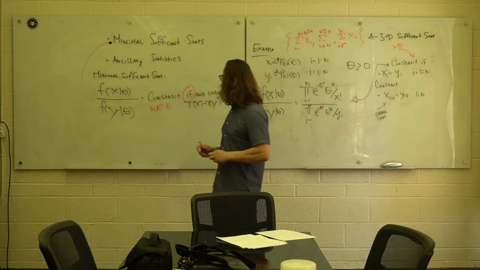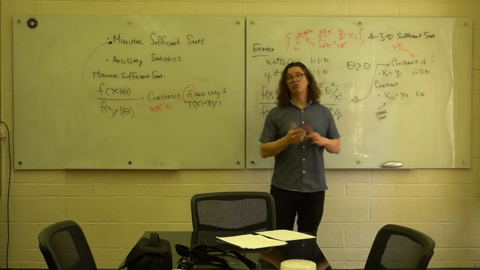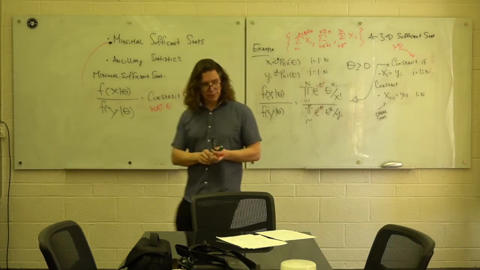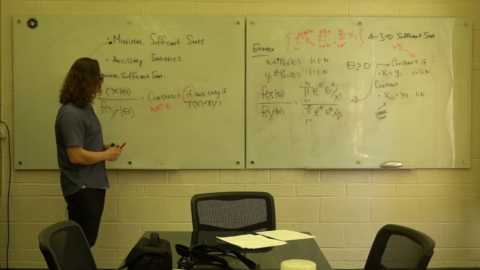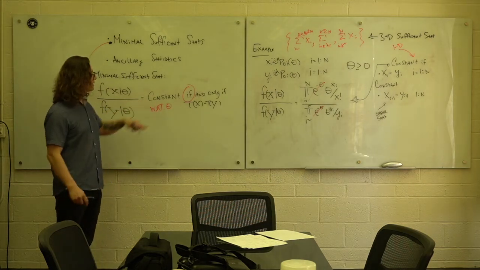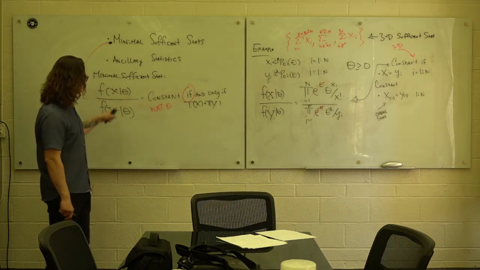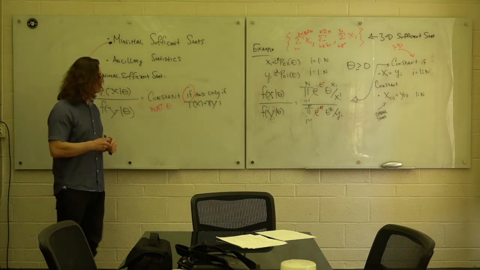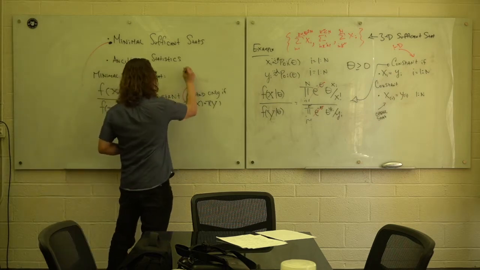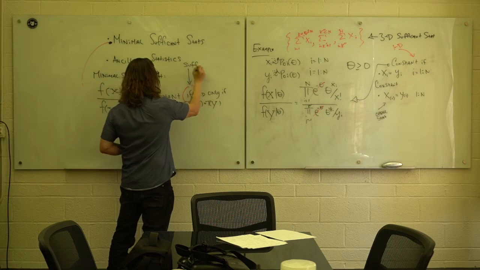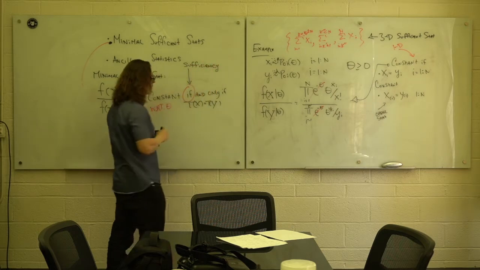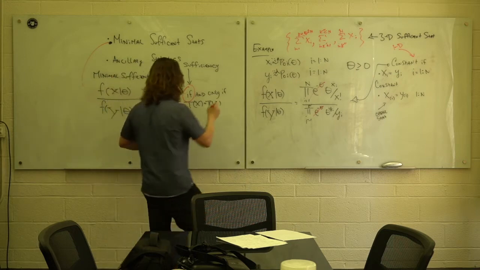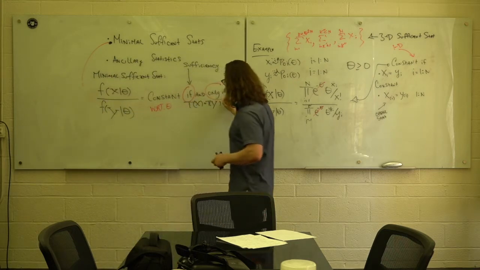What we're really doing on that if direction is checking sufficiency. So in this one direction, if this thing is a constant, then we've checked sufficiency. So this is telling us about sufficiency. This part, the only if, is going to tell us about minimality.